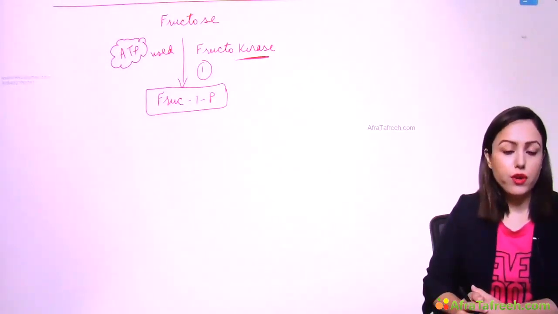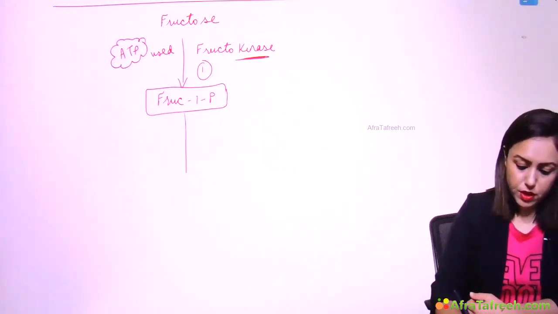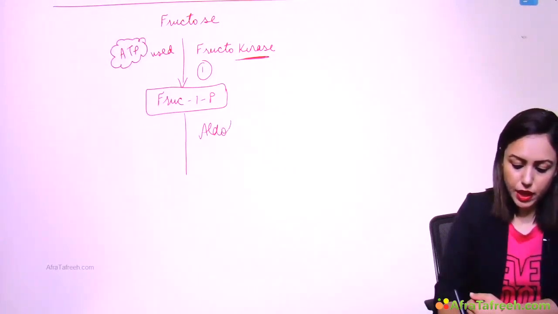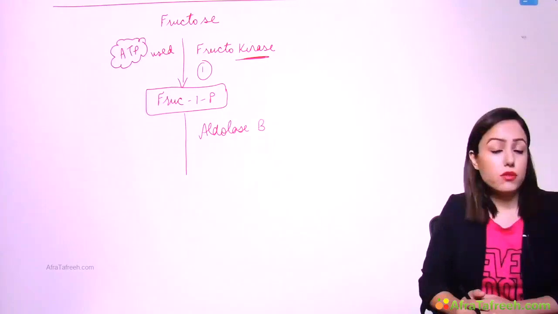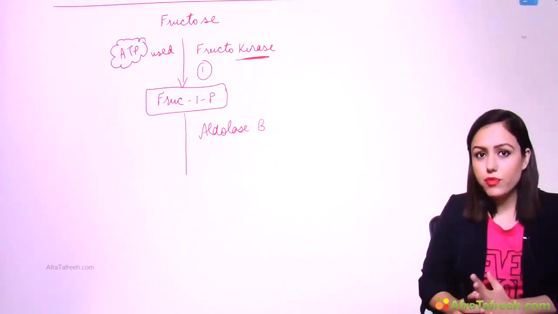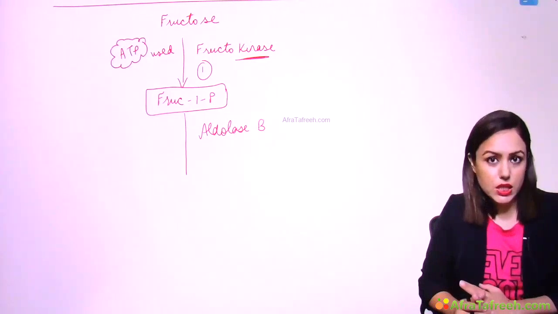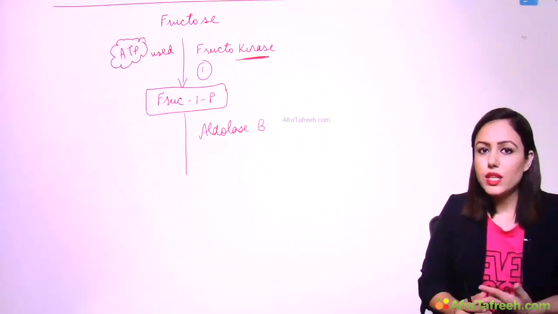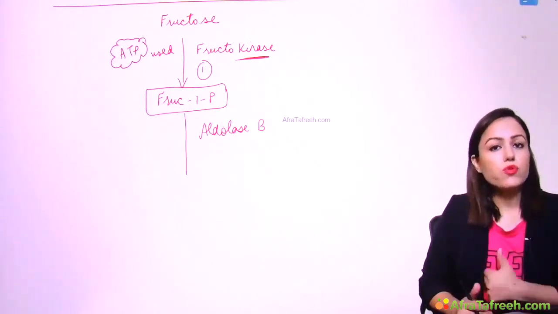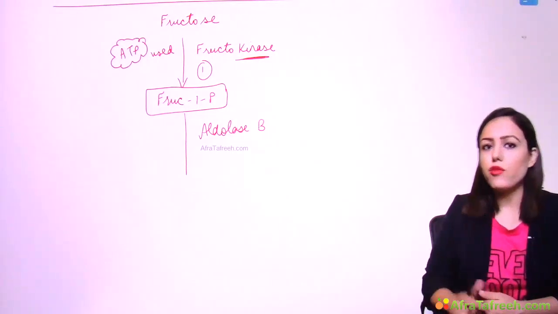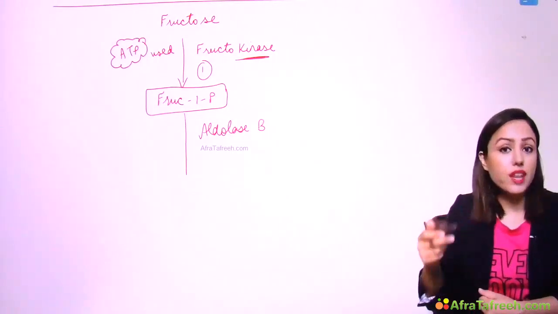Now we have got fructose 1 phosphate. The next enzyme is aldolase B. Where have you done aldolase A? Aldolase A, which we did in glycolysis, the substrate of aldolase A was fructose 1,6-bisphosphate, which was getting broken down.